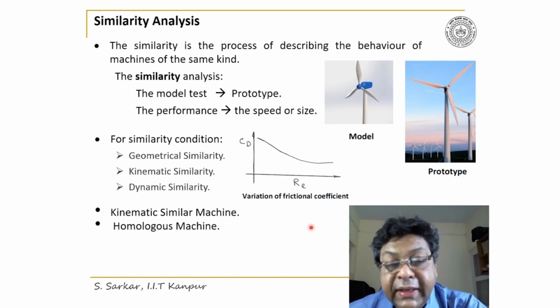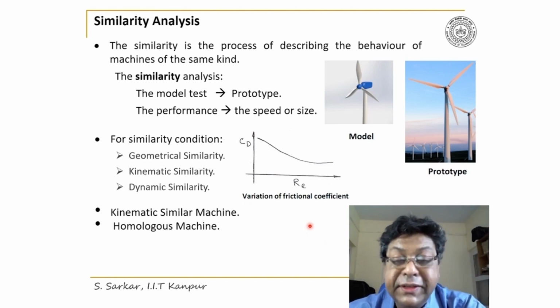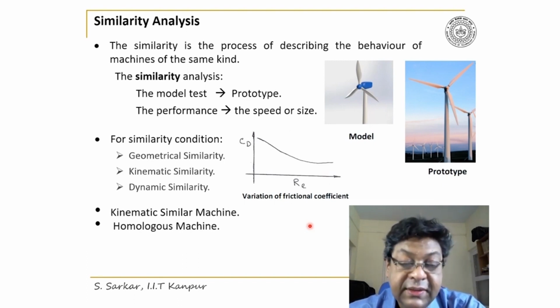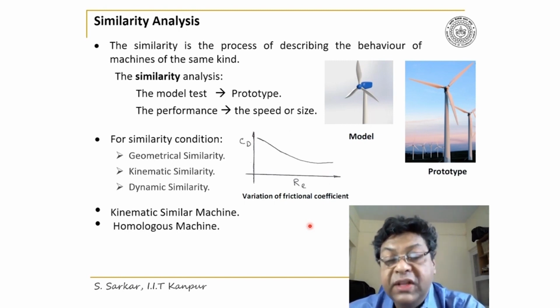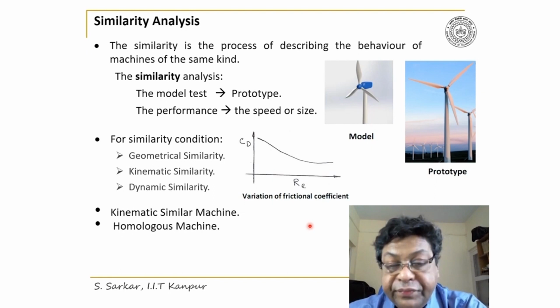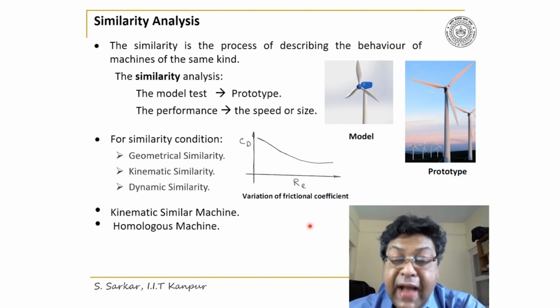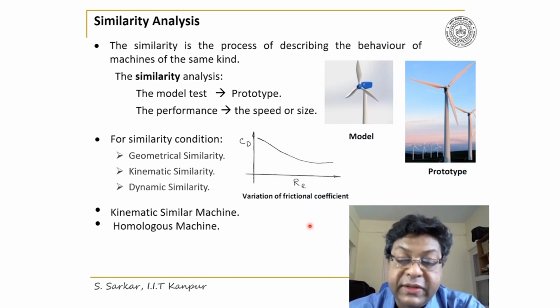One can easily appreciate that frictional characteristics are dependent on Reynolds number. The same Reynolds number means the frictional characteristics of both machines are the same. Thus, for true similarity, dynamic similarity has to be satisfied.